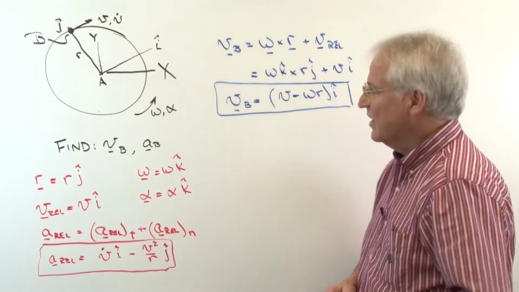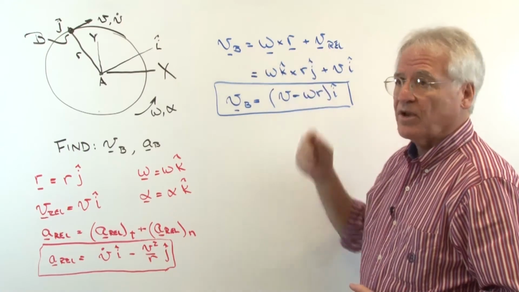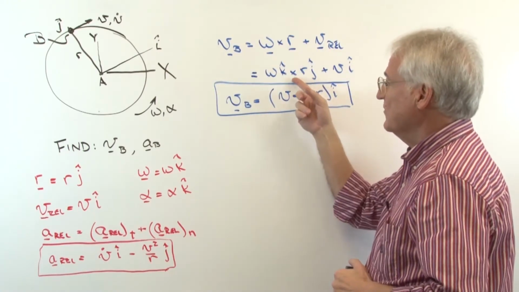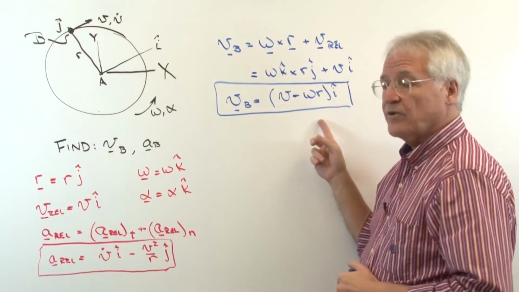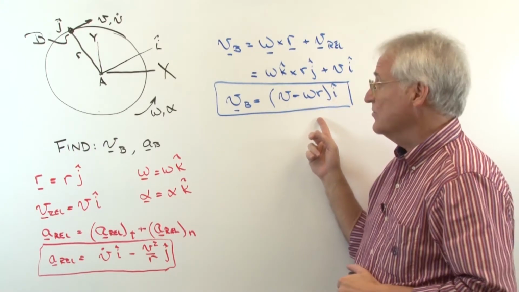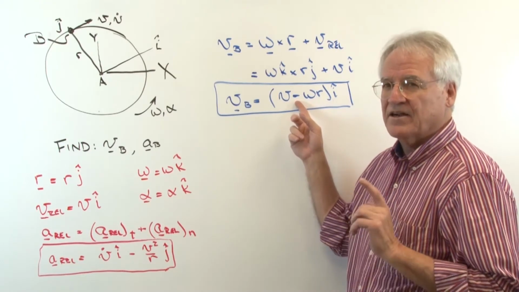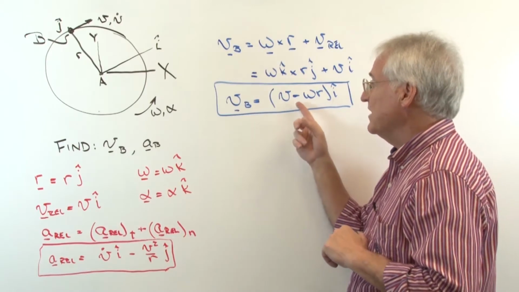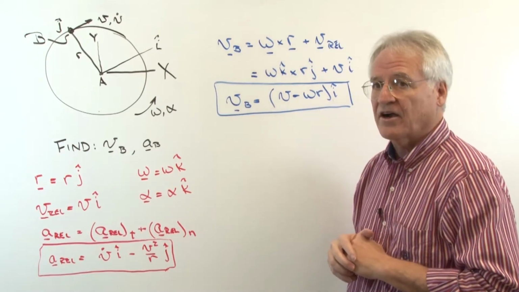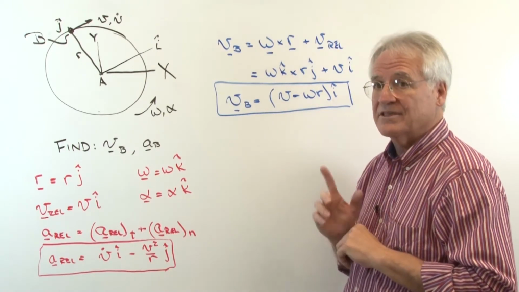All right, solving for the velocity of B is omega cross r plus v_rel. We simply substitute in our known values, and you quickly come to the result shown here in the box. The velocity of the point with respect to the ground is v minus omega r, all scalars, times i hat.